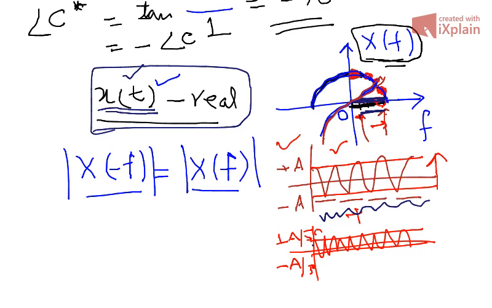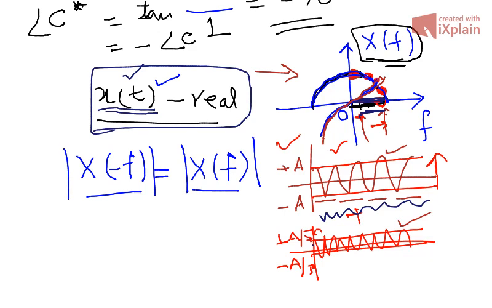For the phase spectrum, you are interested in the angle related to each frequency, which you can find out in your Fourier series. This is the spectrum for a real x of t.